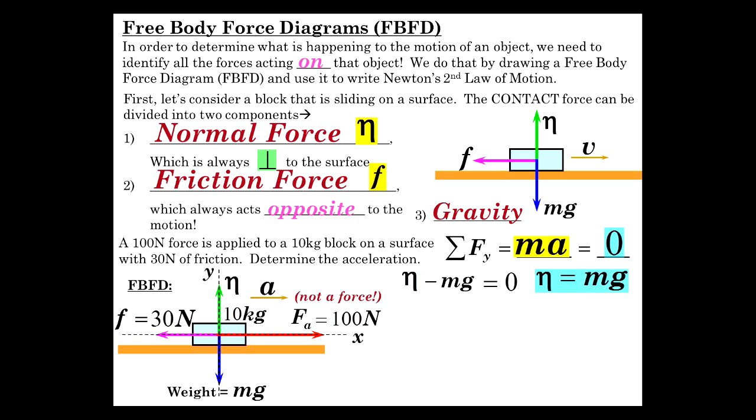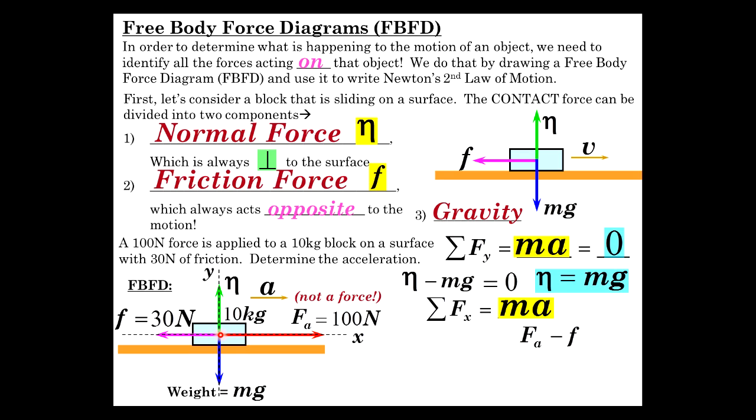Okay. Now the more interesting part, what's happening in the x direction. Sum of the forces in the x direction is ma. We know that. That's like the big picture. Now let's ferret out the little details. What are those forces in the x direction? Well, the answer is we got the applied and we got friction. So let's subtract them. This one, basically you do this.